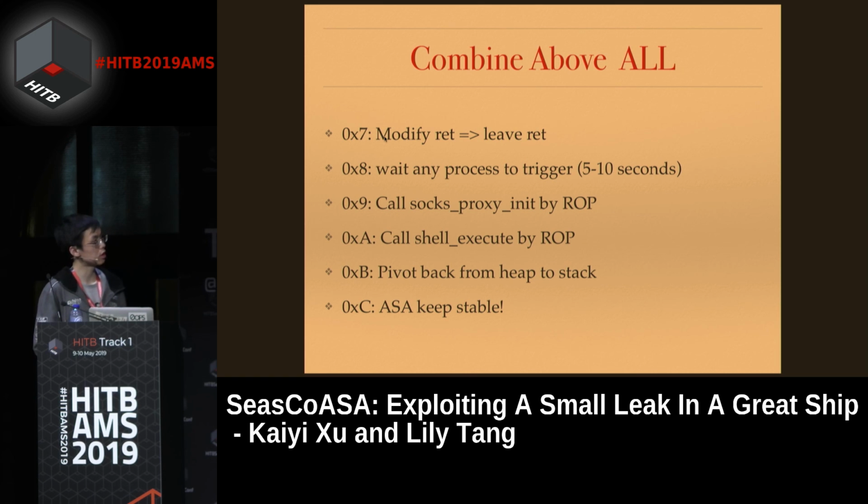After we get the reverse shell, we pivot the stack back from the heap to the stack, and the ASA will stay stable. This is the whole process. Then we get a root shell from ASA.